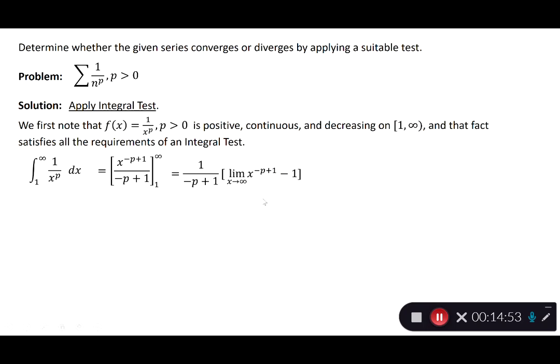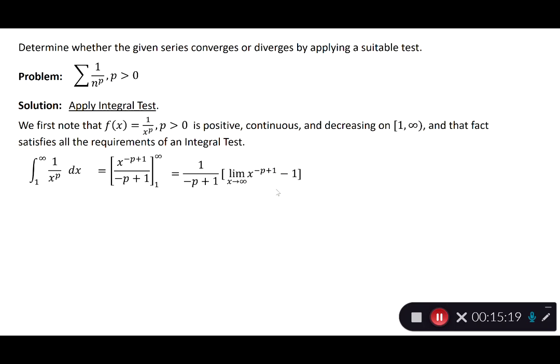Well, if that exponent negative p plus 1 happens to be negative, let me make a simple number, negative 2. If the exponent happens to be negative 2, when would that be? When p is equal to 3, you have negative 3 plus 1 is negative 2.